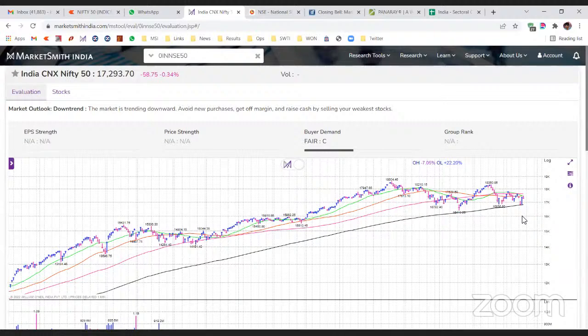When inflation is higher, central banks tend to increase interest rates in order to bring down the inflation. When interest rates go higher, loan activity in the economy comes down. To give an example, think of a household person who has a loan of 10 lakhs.